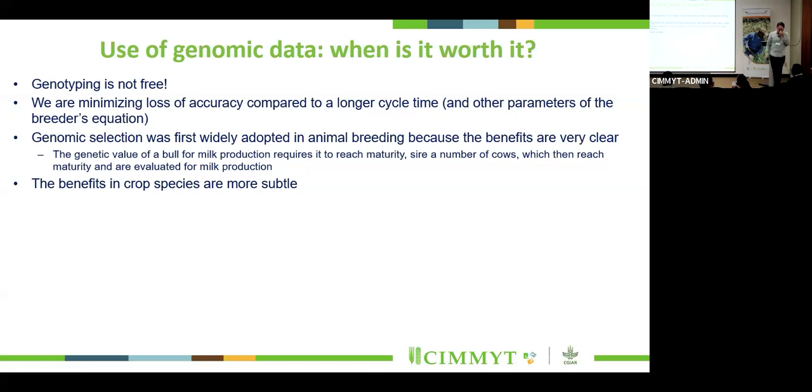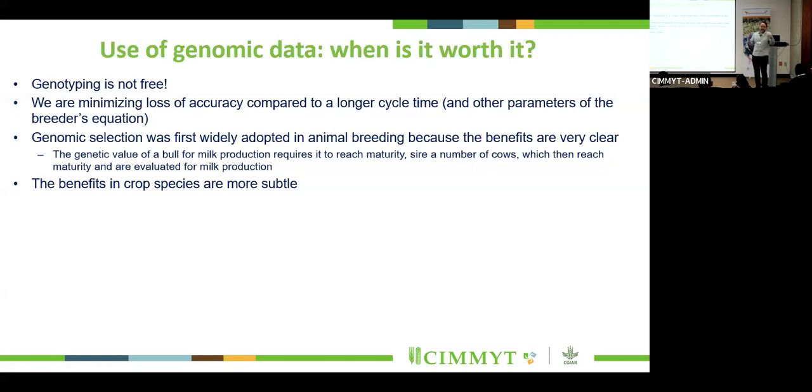And there's a reason why genomic selection was widely adopted in animal breeding. It's because the benefits are really clear. If you want to know the genetic value of a bull for milk production, you've got to get the bull to maturity. The bull's got to make some cows. The cows have got to get to maturity. You've got to measure the cows. That's a huge investment of resources compared to some genotyping.